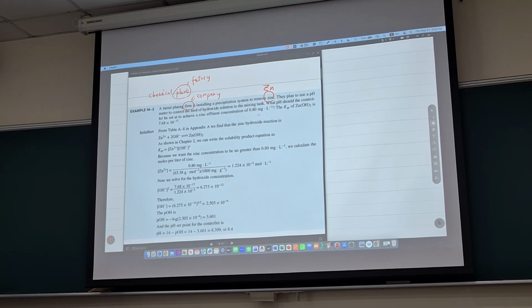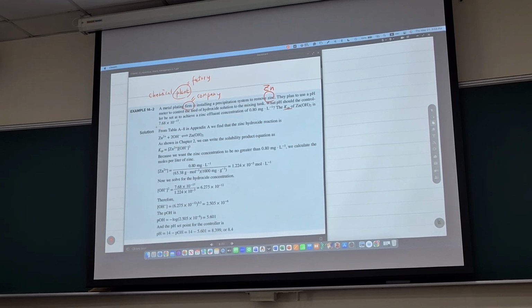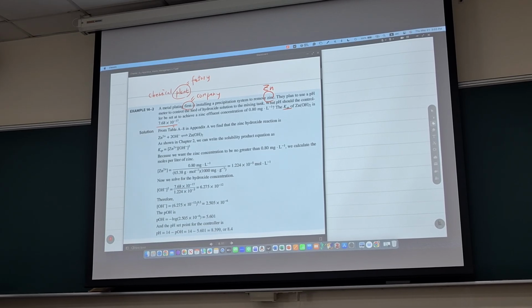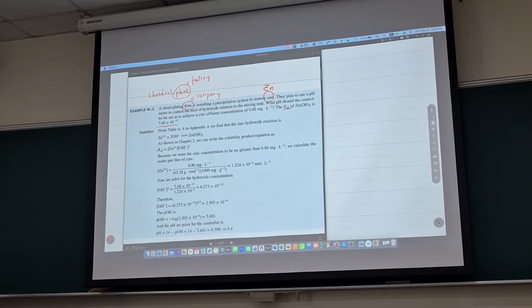The KSP, guys, you know KSP, right, is 7.68 times 10 to the minus 7.